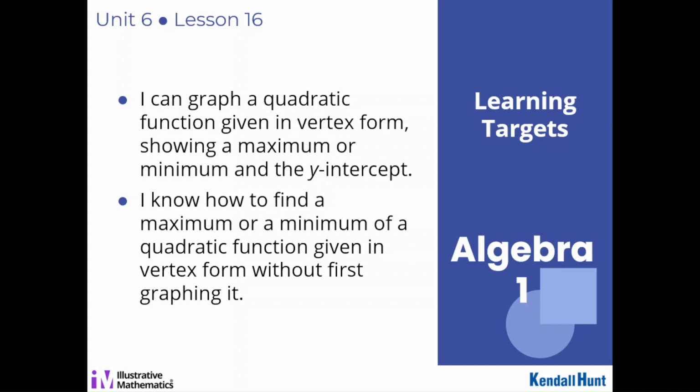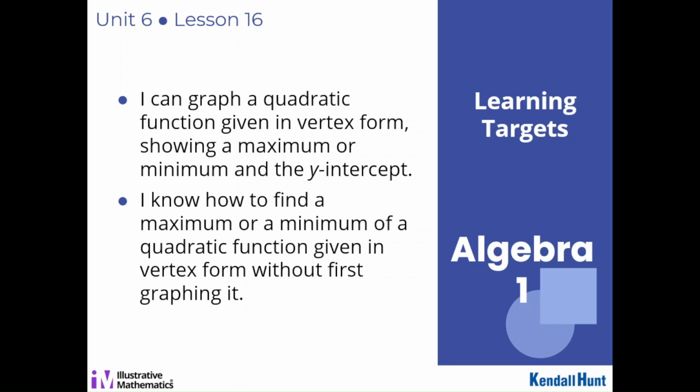So remember, your vertex form is A times the quantity x minus h squared plus k. The h is the x-coordinate of the vertex, and the k is the y-coordinate of the vertex.